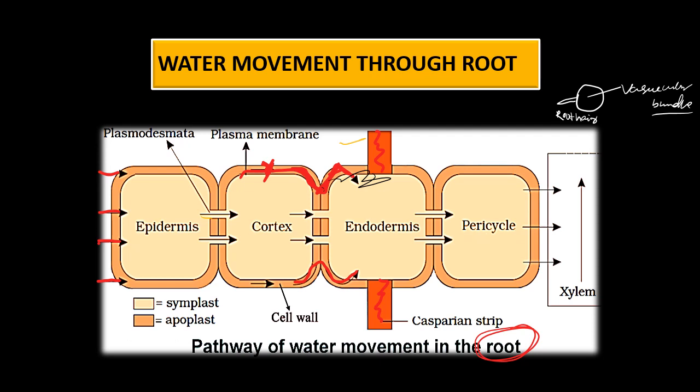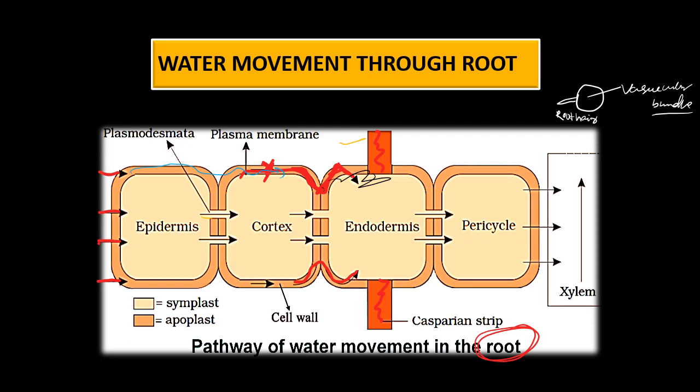In the apoplastic pathway, water moves from cell wall to cell wall. A barrier present in the apoplastic pathway is called the Casparian strip. This barrier blocks water movement in the cell wall, and it is present in the endodermis.